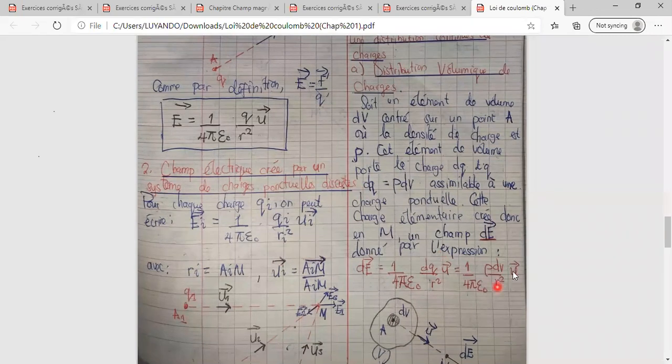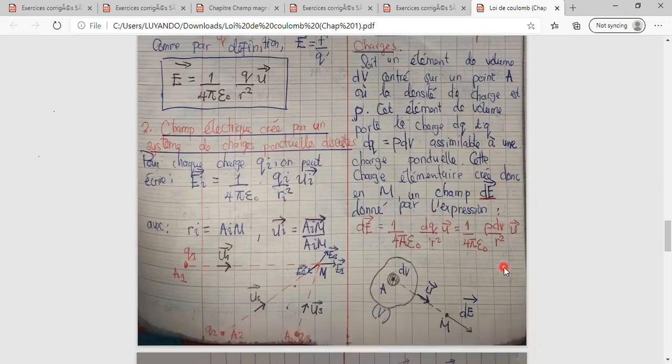So nothing has changed: we're calculating the small electric field at dq, and where there's dq, we replace it with rho dV. Is it clear? Oui, it's clear.